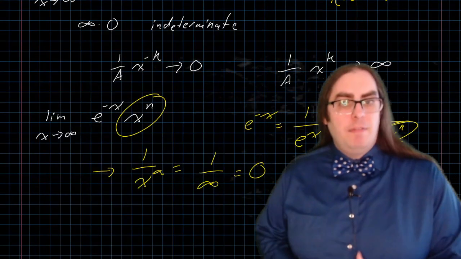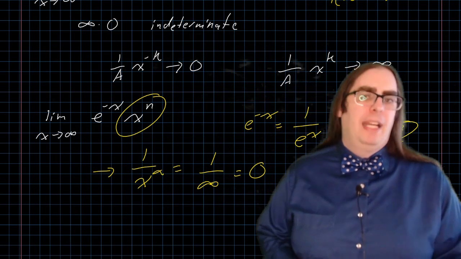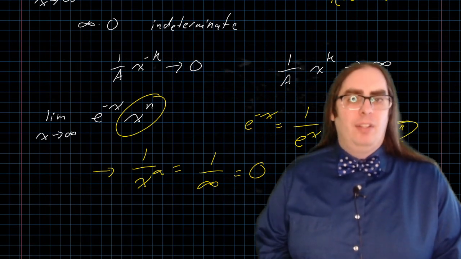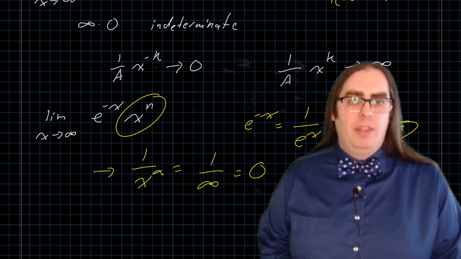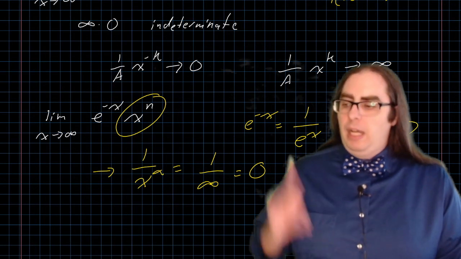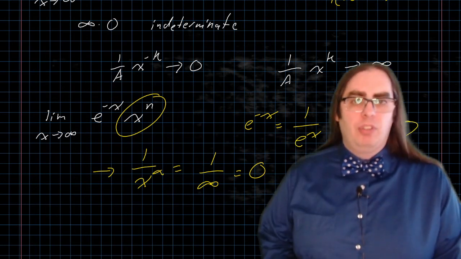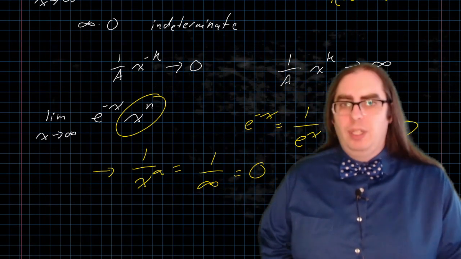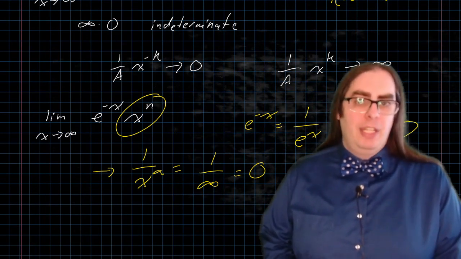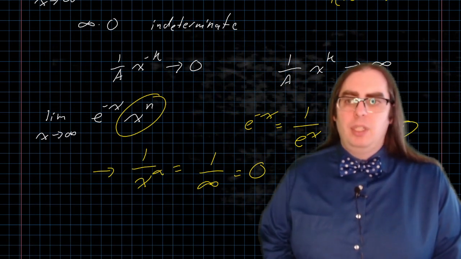Again, if you're not convinced by that, you can go back and look at L'Hopital's rule and look at the ways of dealing with limits in indeterminate forms, and you'll get the same results. Thinking about this in terms of power series allows us to shortcut a lot of those. Plus, it allows us to remind ourselves that power series are a thing that we've talked about at some point in the past.